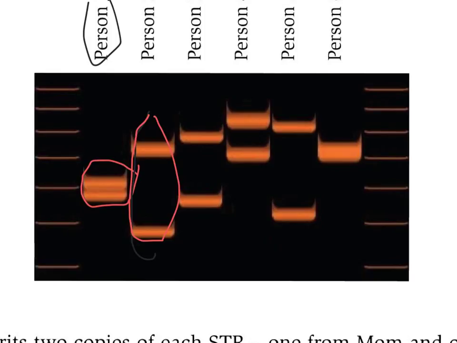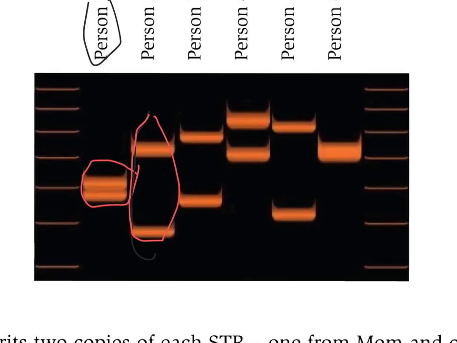One is shorter, the short tandem repeats. One is shorter than the other because, as I'll show you in a second, the fragments move through the gel and they move more quickly or slowly depending on how big those fragments are.